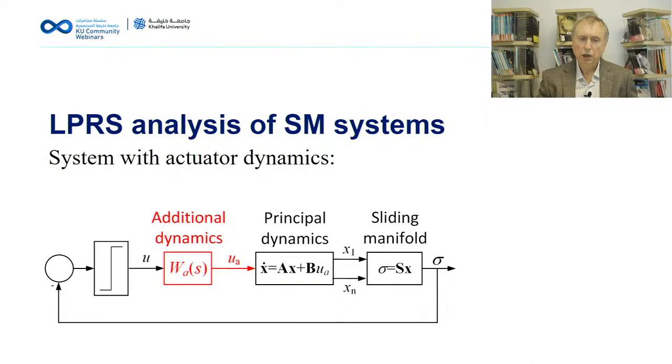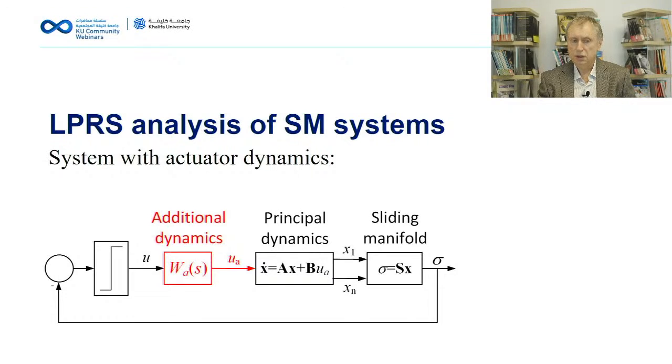So now, about LPRS analysis of sliding mode control systems. So what do we have? We have a certain plant here, and we have a sliding manifold. We design a sliding manifold using all these states, and as a result, the dynamics from this signal UA to sigma has the relative degree of 1.